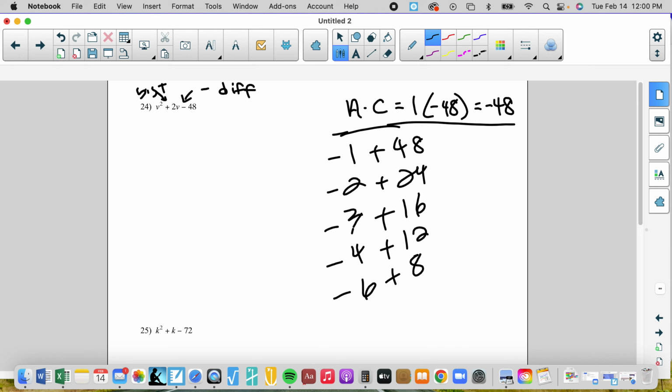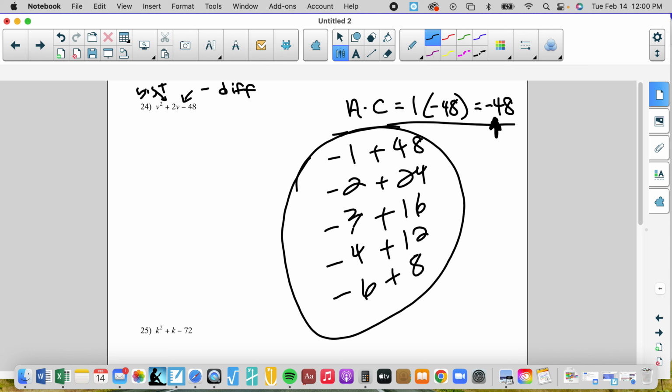And remember, what's negative 1 times 48? Negative 48. What's negative 2 times 24? Negative 48. What's negative 3 times 16? Negative 48. Negative 4 times 12? Negative 48. Negative 6 times 8? Negative 48. So these are always going to be the product produces this after I put my signs in.